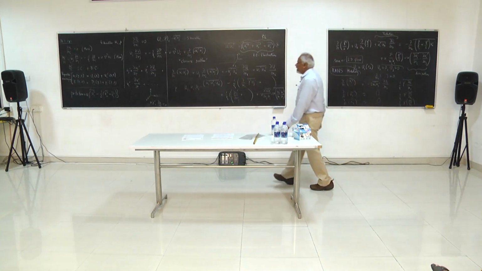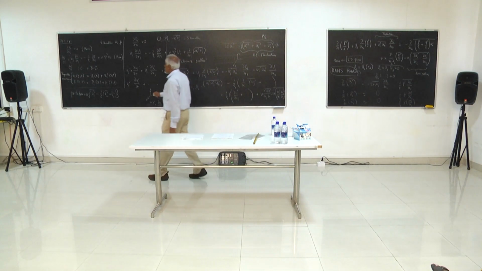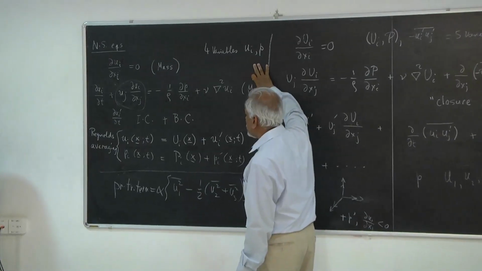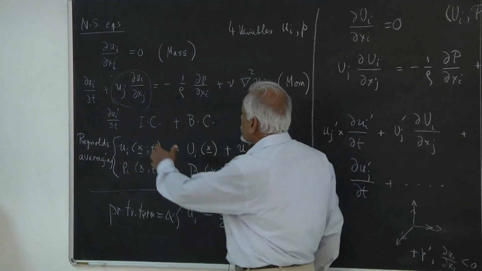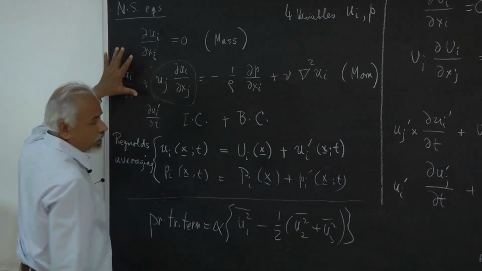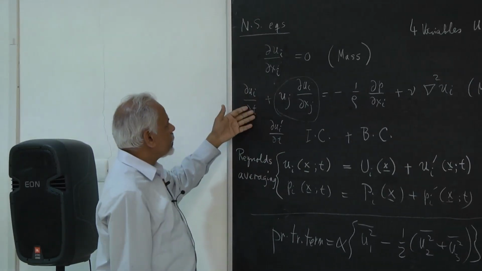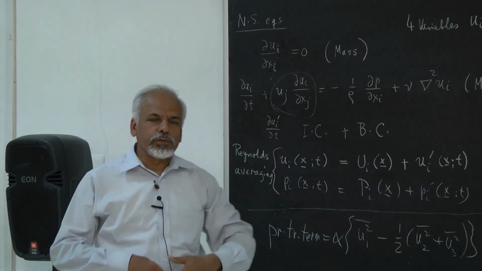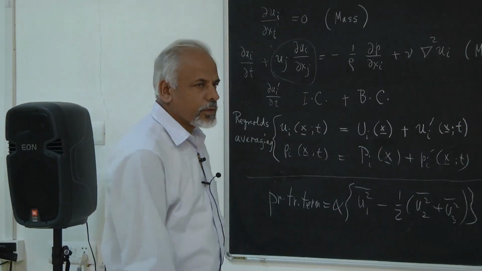So you have these equations. They are closed in the sense you have enough equations for the variables, but since you can't solve them exactly, if you could solve it exactly, what would you do? You would get the whole velocity here, and then if you want average values, you just average them after you got the solution.